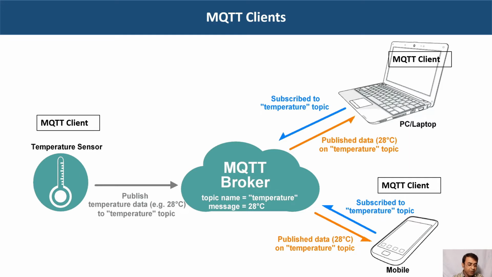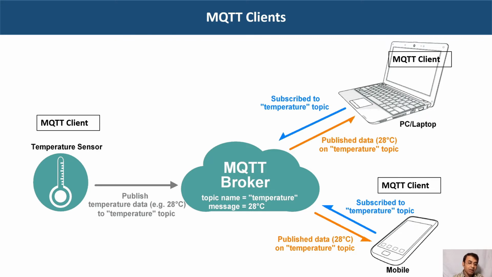Similar thing will happen for the mobile also. The mobile phone also subscribed to the temperature topic. That means whenever the MQTT broker receives the temperature data, the broker will transmit the data to the mobile phone, that is the MQTT client, for the topic temperature.